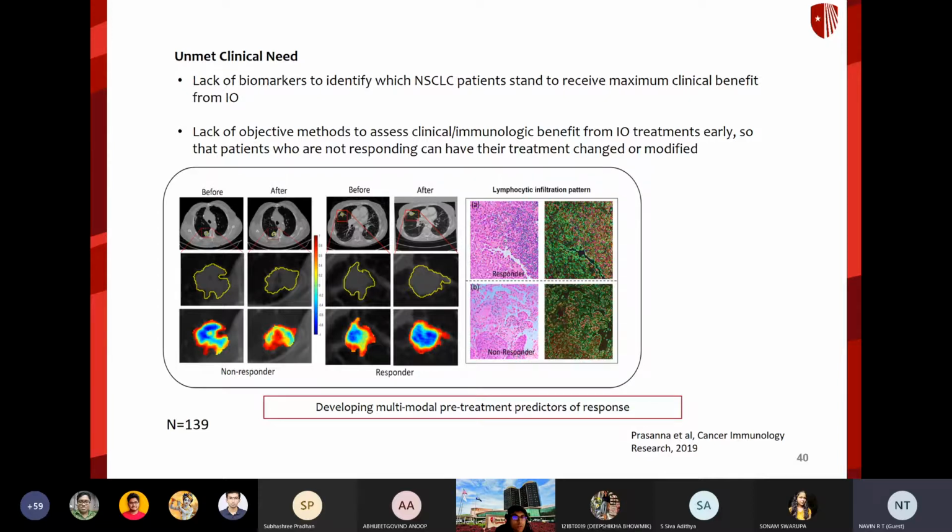Now on the right part of the screen, you see the lymphocytic infiltration patterns. So we used a deep learning algorithm to extract lymphocytes, and then we looked at the arrangement of these lymphocytes. Now the lymphocytes were found to be differentially arranged for the responders as compared to the non-responders.